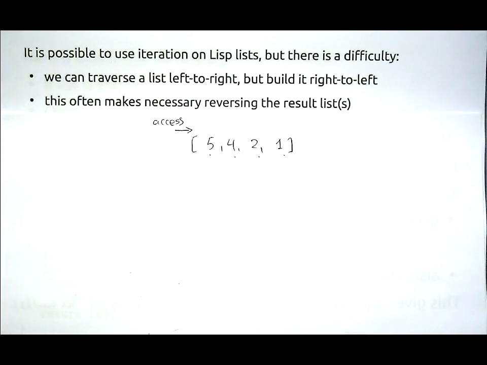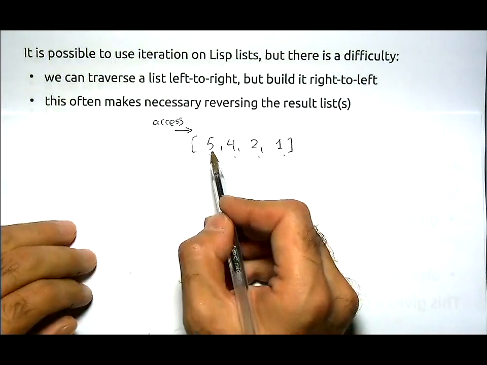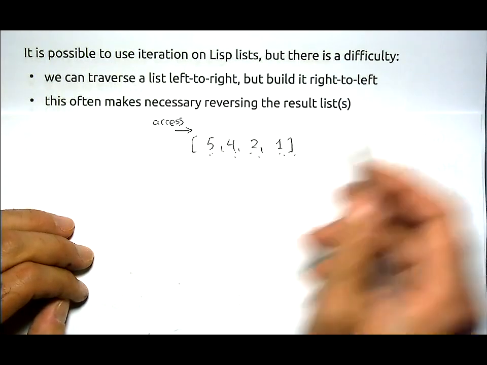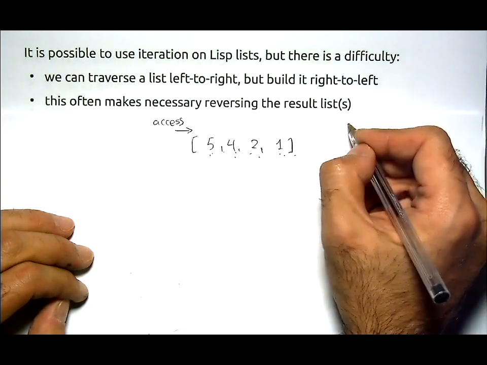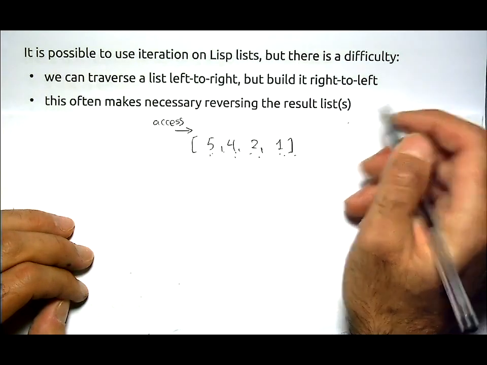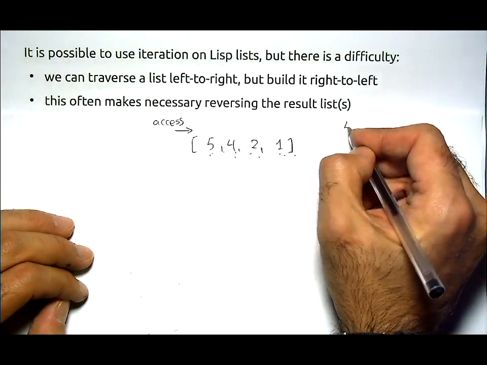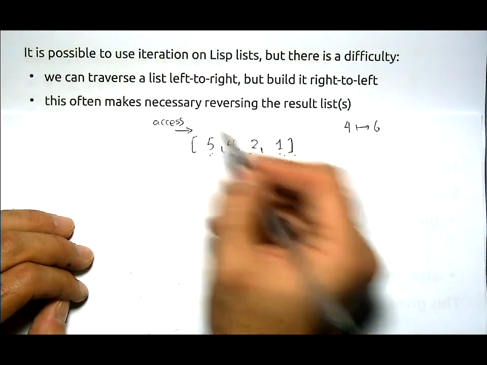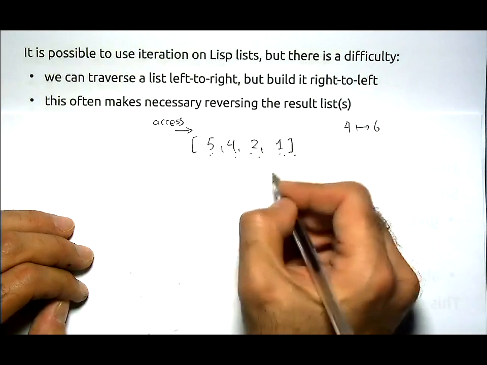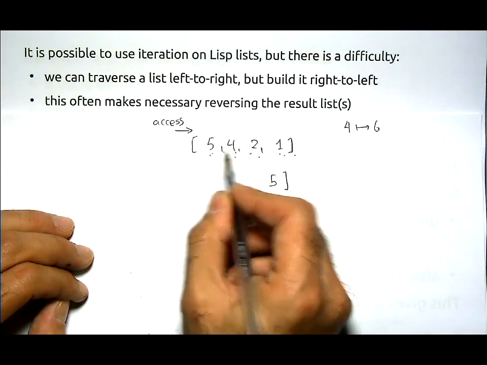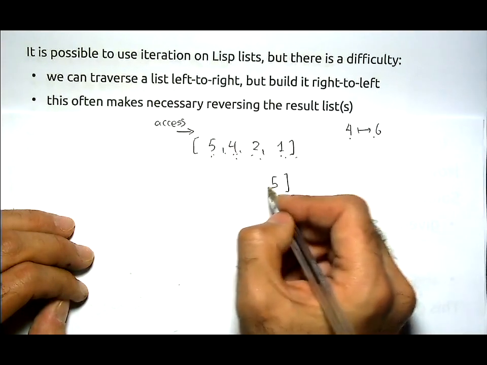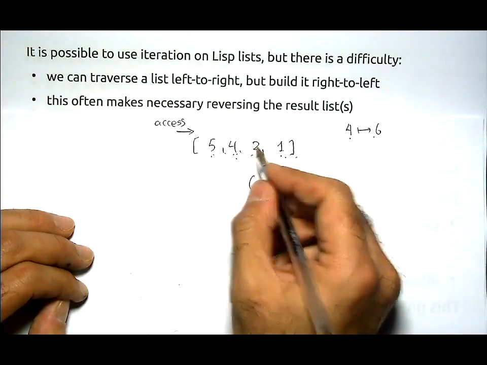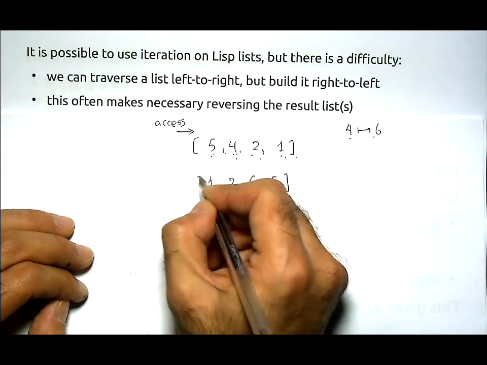But then if you have an iterative solution that goes through the list and constructs a new list, suppose that you want to change 4 to 6. You will start from 5, you say, okay, 5 doesn't need change, so let's put it back. You arrive at 4, you say, okay, 4 has to be changed to 6. 2 can remain as is, 1 can remain as is.